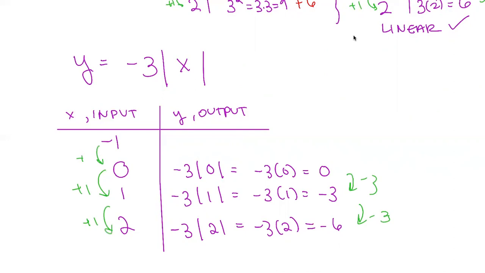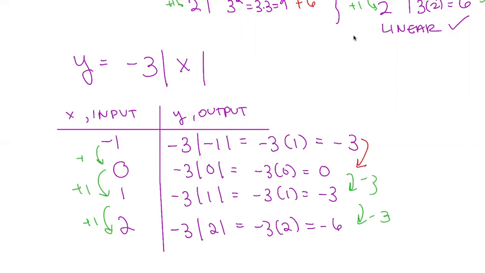However, if I stop there, I'd say, yeah, it's linear because all of the jumps have the same distances. Cool. Let's look at -1. -3 times the absolute value of -1 is -3 times +1, which is -3.